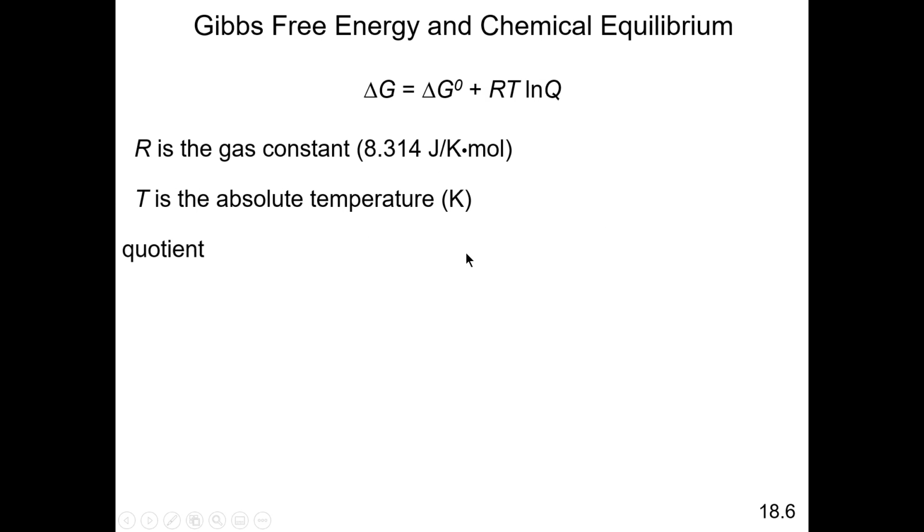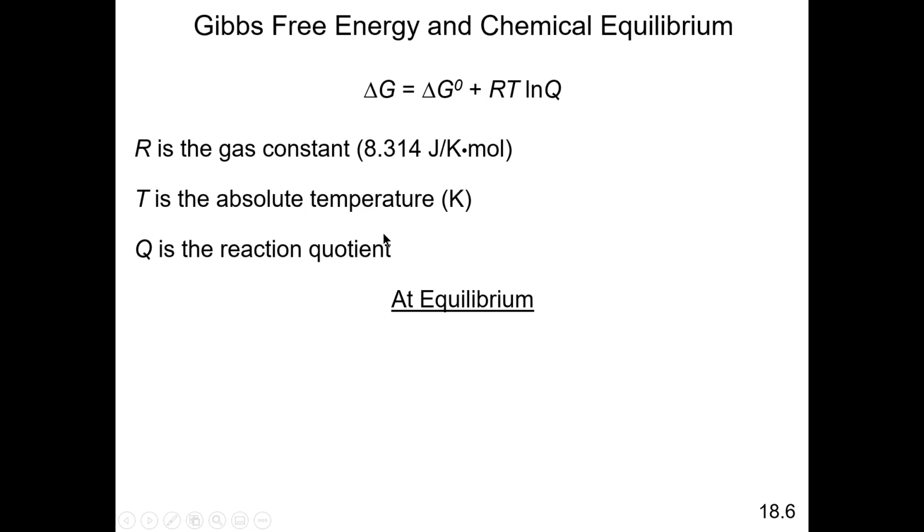And Q is the reaction quotient, which, if you recall from previous chapters, is the concentration of the products over reactants at any time, not necessarily at equilibrium.